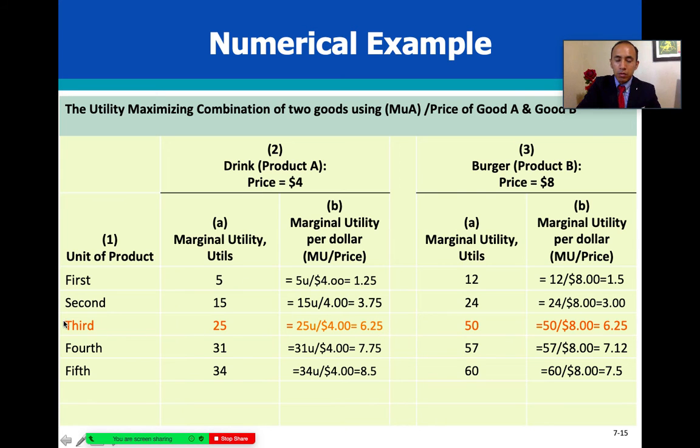So you're going to consume the third drink and the third burger to have an optimal combination. The other ones are somewhat close, but they have to be exactly equal in order to have an optimal combination. So here you can have 3 drinks and 3 burgers and have an optimal bundle. In this case, it's one-to-one.